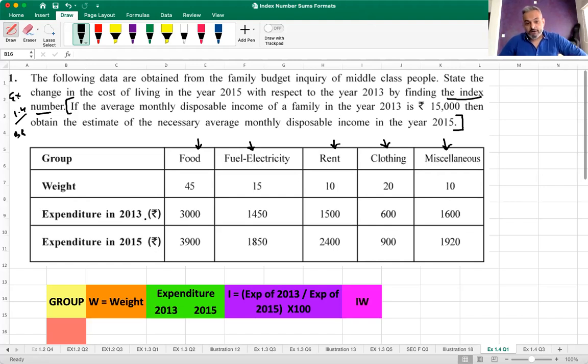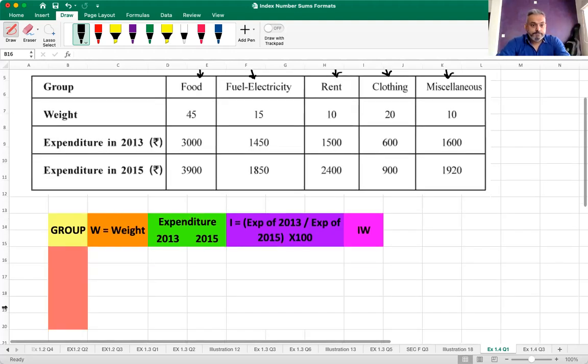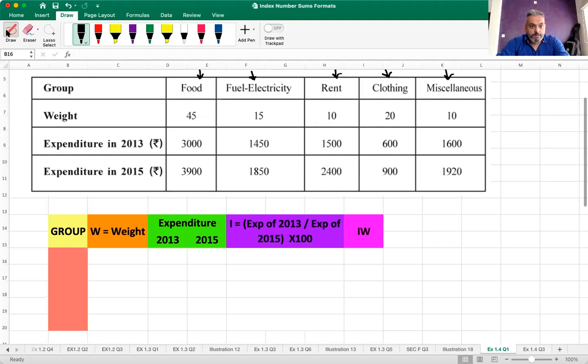Expenditure in 2013 is given and expenditure in 2015 is given. So we have to find the index number of expenditure, that is I. Here no units are given, so nothing to worry, no conversions required. Now make the format and start writing the information.